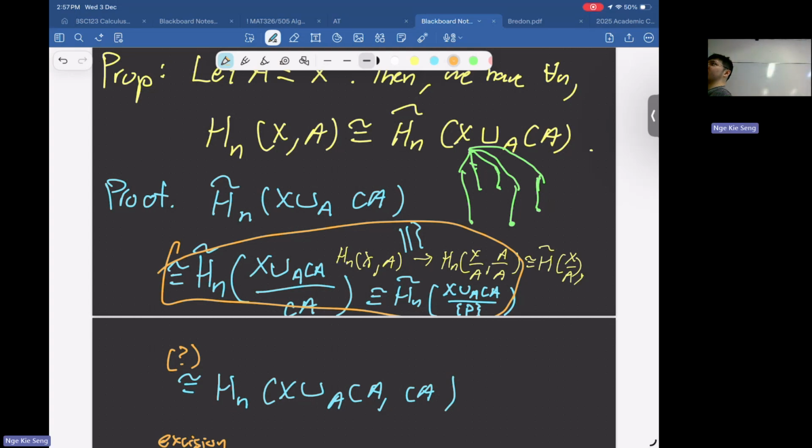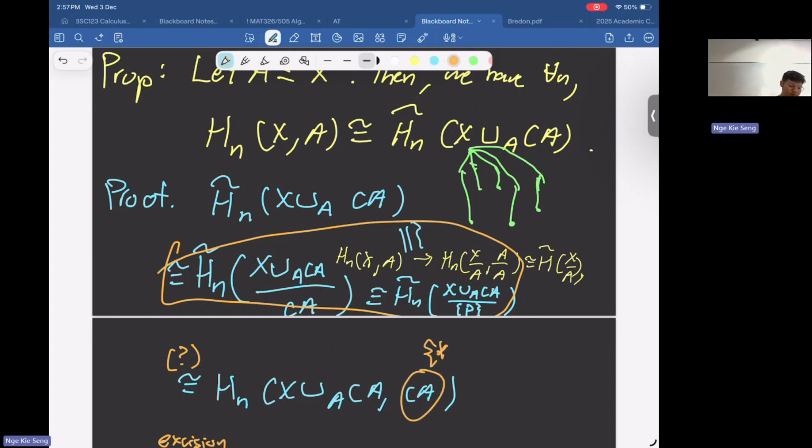You are not supposed to use it in the quotient. The deformation retract should be applied to the whole space, not the quotient part.